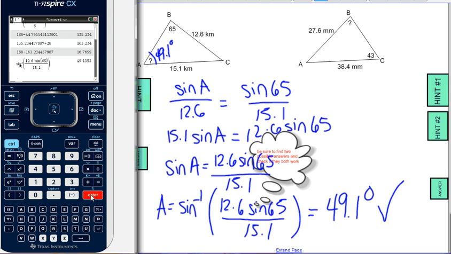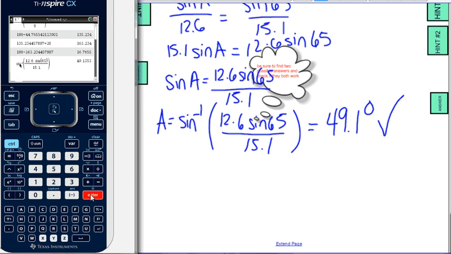We also want to check, is it possible that we could have an obtuse angle for angle A? Right now we found for sure one of our solutions is 49.1. We want to check if another one could be this obtuse angle that lies in quadrant 2. So we're going to do 180 degrees minus 49.1, which you can think of as our alpha.